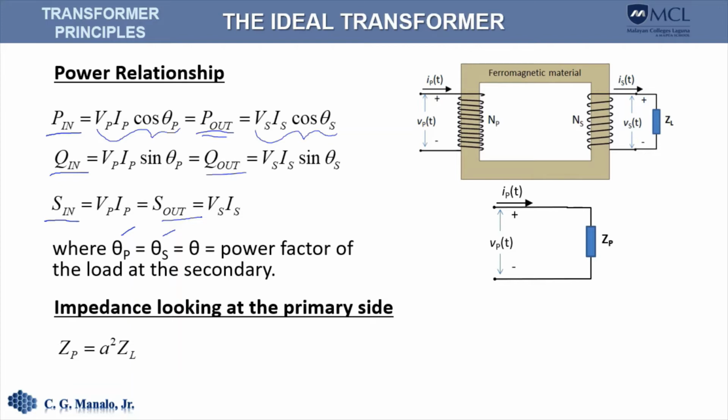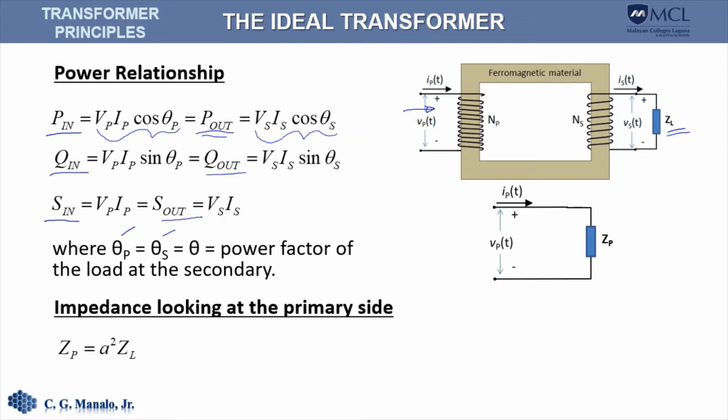Now, one interesting characteristic of transformers is how they change the value of the impedance that is connected on one side of the transformer as seen from the other side. Let's say we have an impedance Z sub L connected at the secondary side. It is interesting to know how it would measure if we look at it from the primary side.